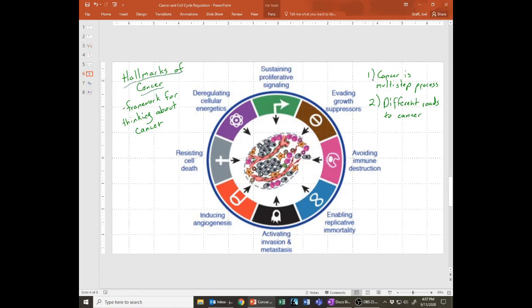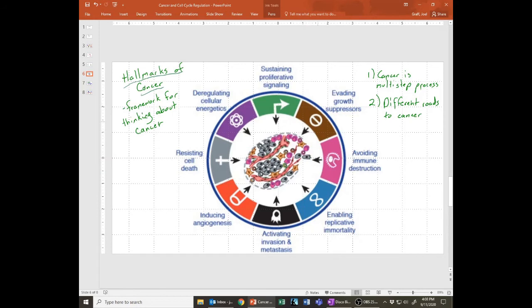But what these hallmarks of cancer are meant to show is that cancer is a multi-step process. So each of these 8 hallmarks are things that can happen to the cell to push it in the direction of being a malignant cancer. However, the cell needs to accumulate multiple ones of these in order to be a successful malignant cancer.